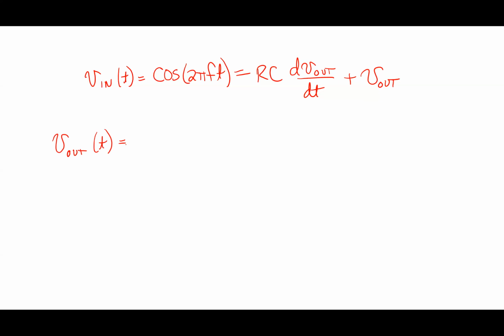First of all, it's a differential equation, and I can do Laplace transforms, a lot of ways to solve a differential equation. This is not as simple as if I had a DC source. If this had just been 5 volts equals RC dV out plus V out, if I just had 5 volts, a constant, what would be the general form of that solution?